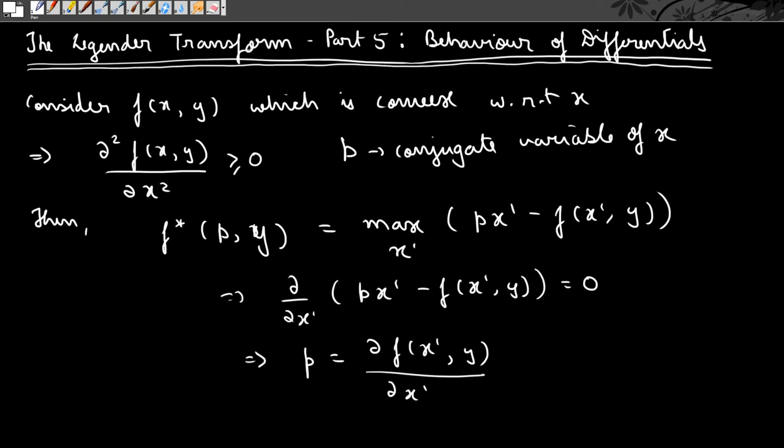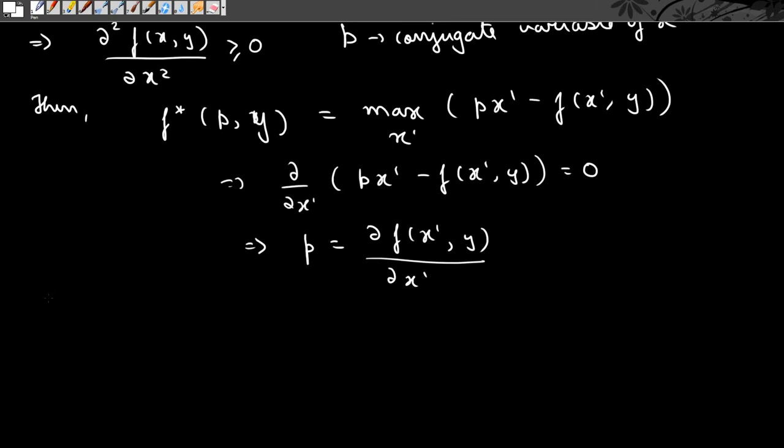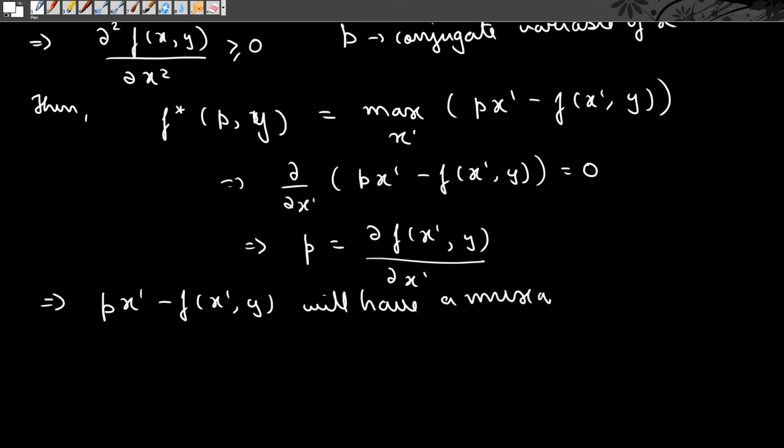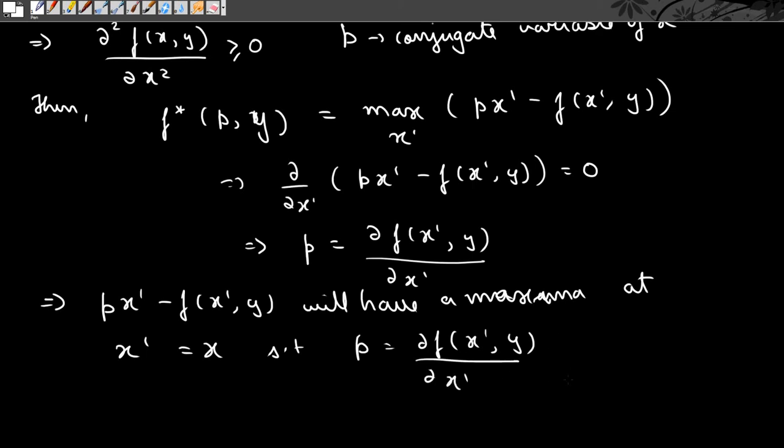Therefore p x dash minus f of x dash comma y will have a maxima at x dash equal to x, such that p equals dou f of x dash, y by dou x dash at x dash equal to x.